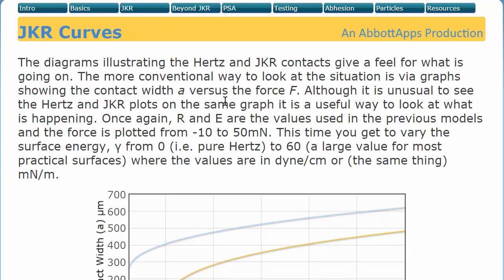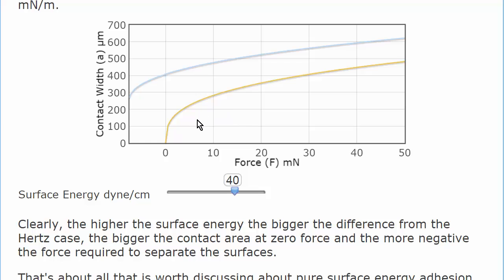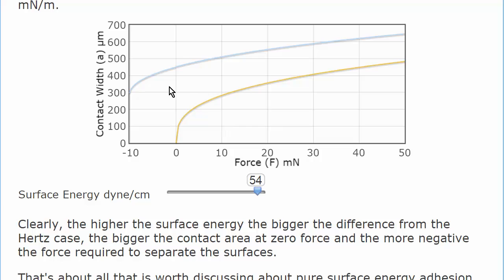And you then get a JKR curve. So this curve here is the Hertzian curve, so at 0 force you have 0 contact width, but this is the typical curve you would get with a JKR experiment of pure surface energy. If I increase the surface energy, then of course the JKR curve gets bigger, and in particular you have to go to a negative force to pull it away.